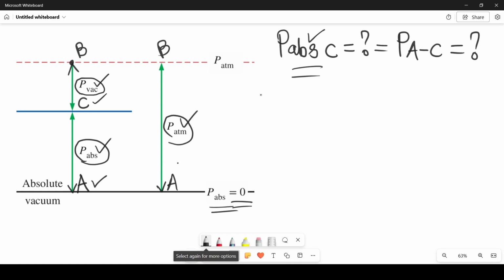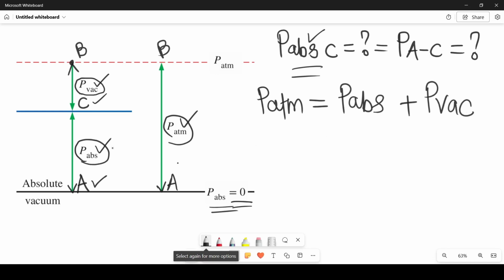So from here, I can write that atmospheric pressure is equal to the absolute pressure plus the vacuum pressure. So here if you see from point A to point B, the atmospheric pressure is equal to the absolute pressure at point C plus the vacuum pressure at point C.